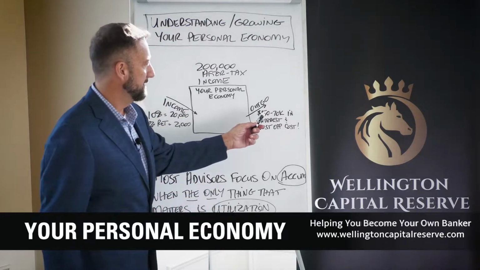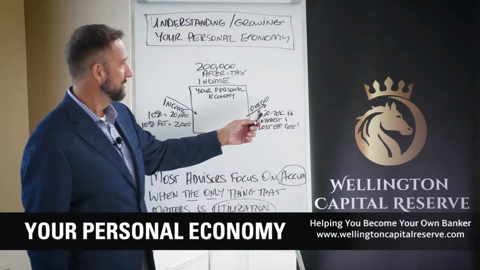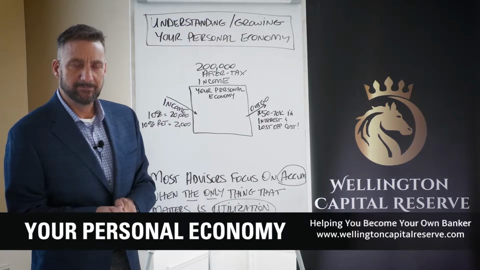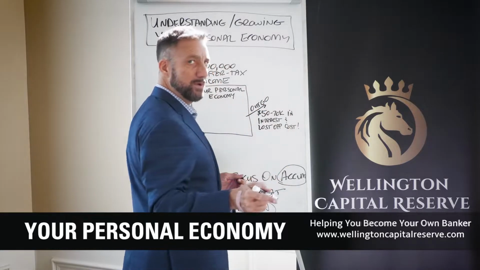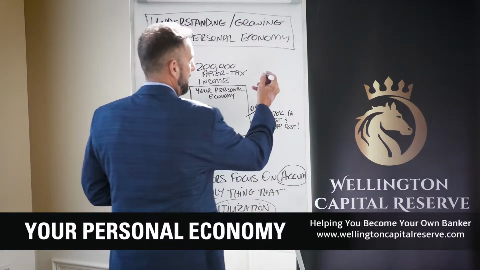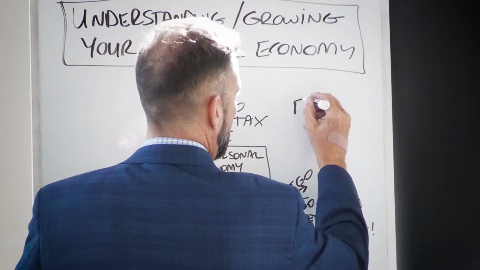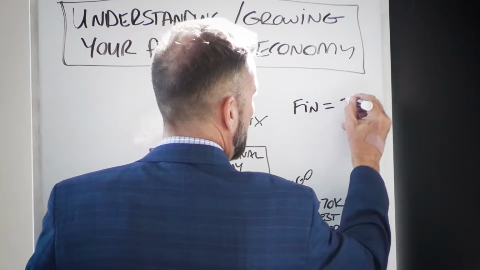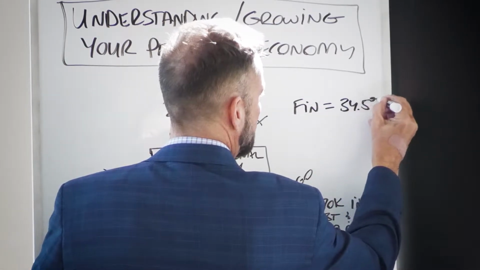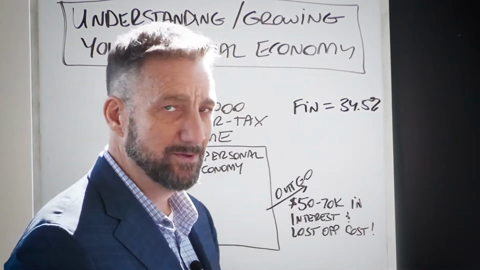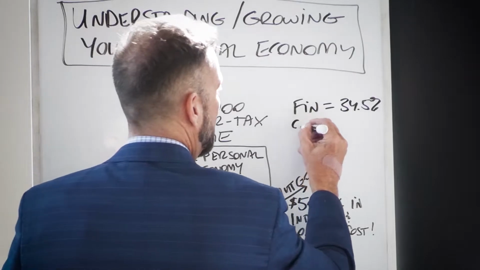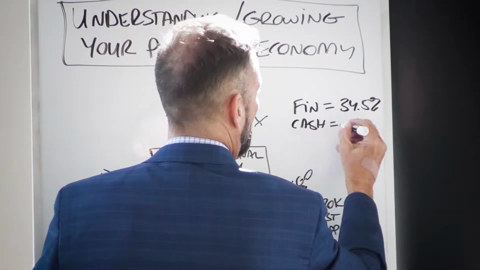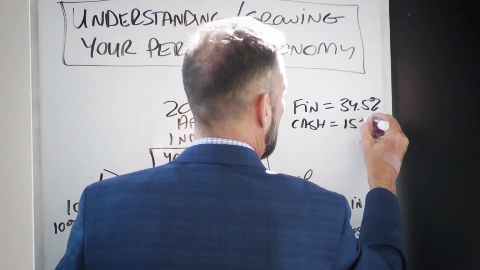On the other side, the outgo side, we've already shown that you only have two ways to purchase everything you ever buy. You can finance it, and if you finance it, you end up paying 34.5% interest by volume, not rate, but by volume of interest paid. If you pay cash, then you have something called lost opportunity cost that can be around 15%.